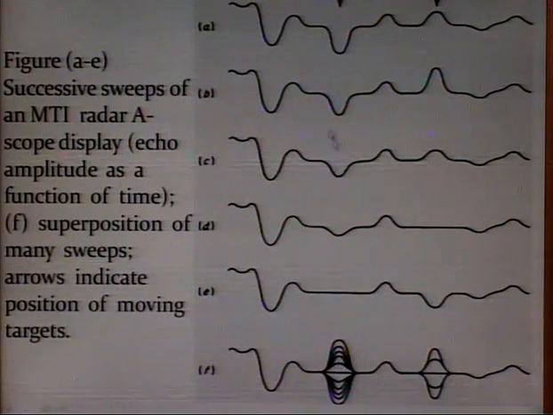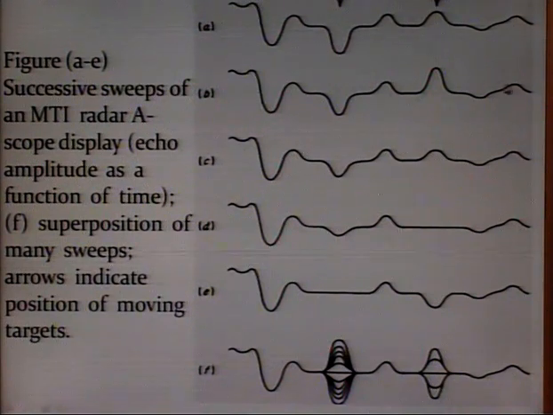So, if we superimpose all these echoes, this will form a butterfly pattern. Similarly, here the pattern is also changing, and if we superimpose the signal, we will see a butterfly here also. So, these two butterflies suggest that the target is moving and all the other reflections show that targets are stationary.